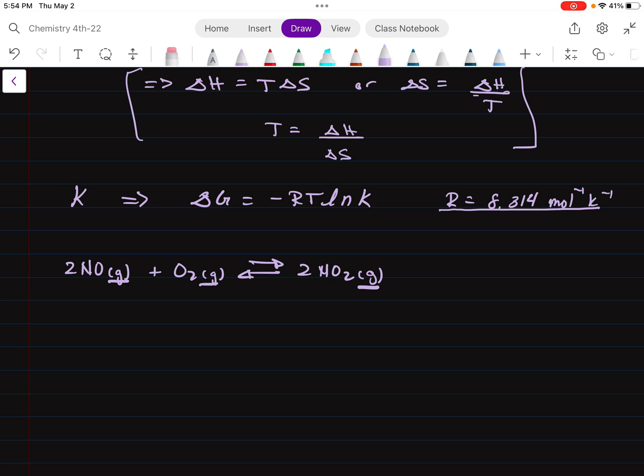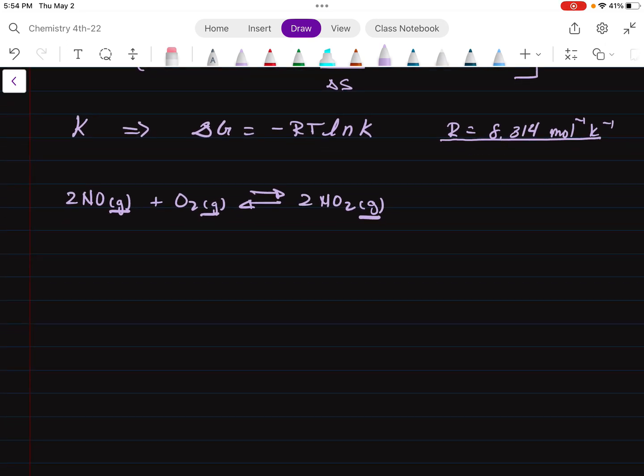If you see bonds breaking and you have more than one molecule on the product side, then you're definitely increasing the level of disorder, so that's an increase in entropy, and exactly the reverse is true. So pay attention to your states of matter and your number of moles, because you're going to see questions regarding entropy. And remember that entropy is the increase of disorder in a system.